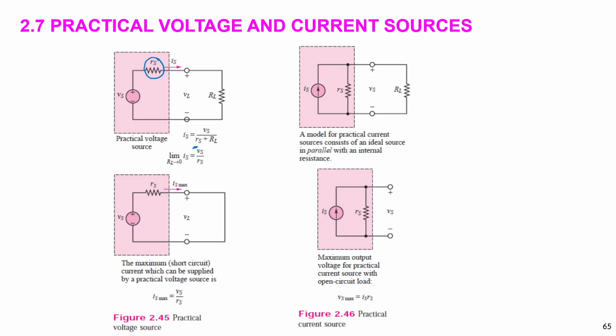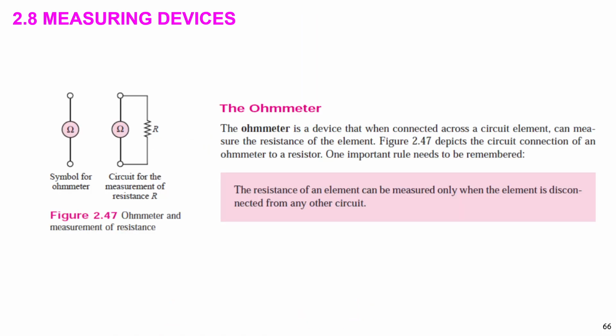Similarly for the practical current source, right? And we can use an ohmmeter to measure the resistance as well. So in the laboratory we will have an ohmmeter to measure the resistance.